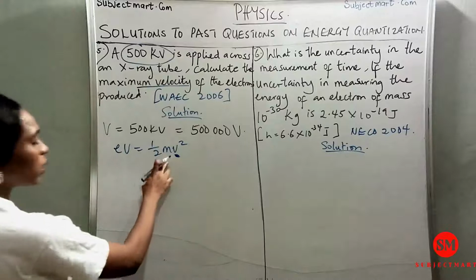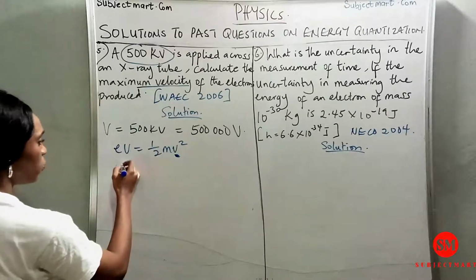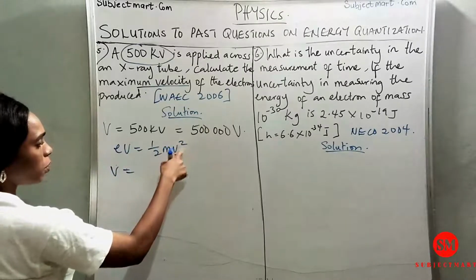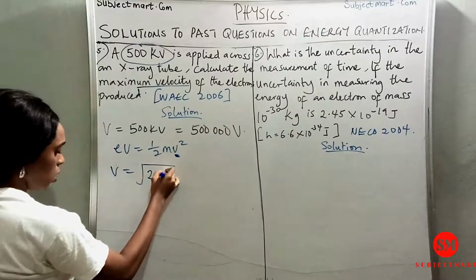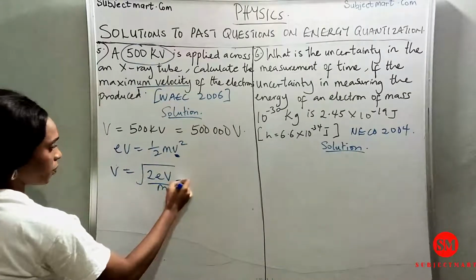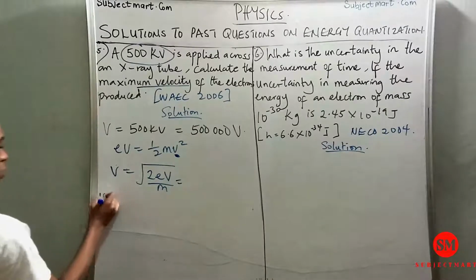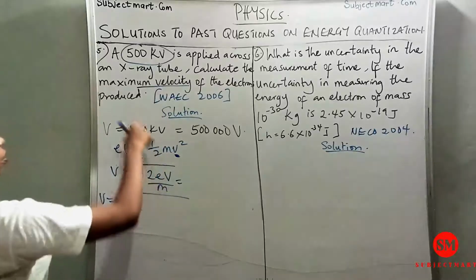So if you make this particular v the subject of the formula, we have v is equal to the square root of 2eV over m. Okay, so this is the formula we're working with. Therefore, v is equal to 2 times our e.